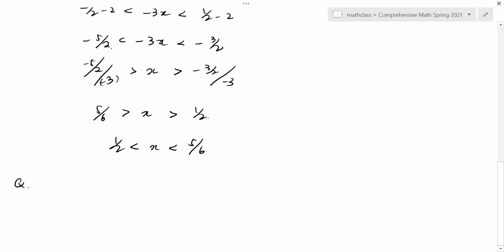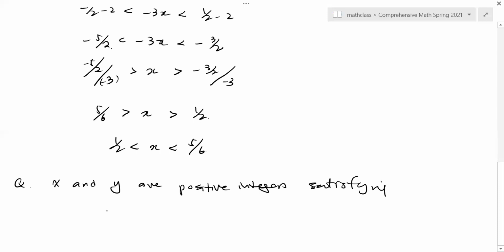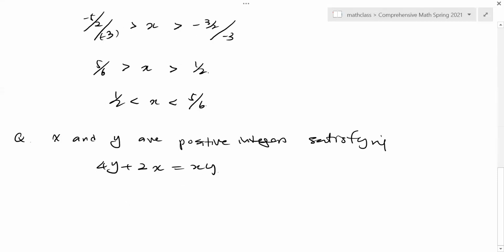Now we're going to try to solve equations. x and y are positive integers satisfying this equation: 4y plus 2x equals x times y.